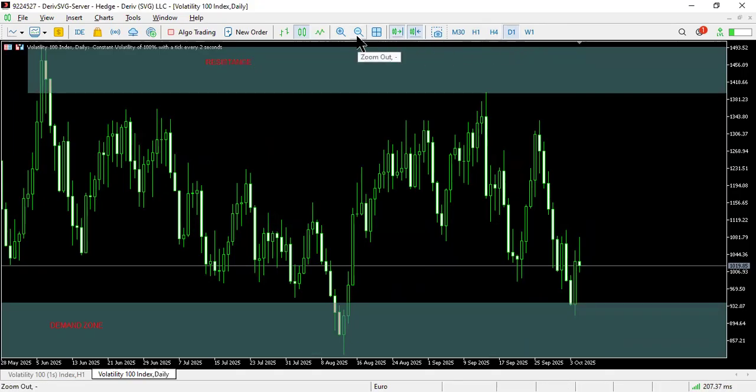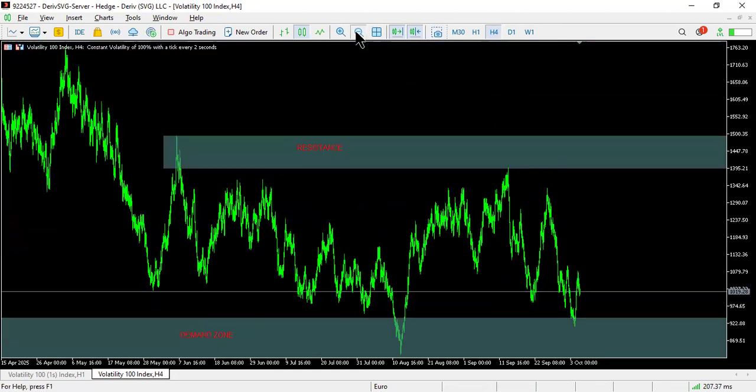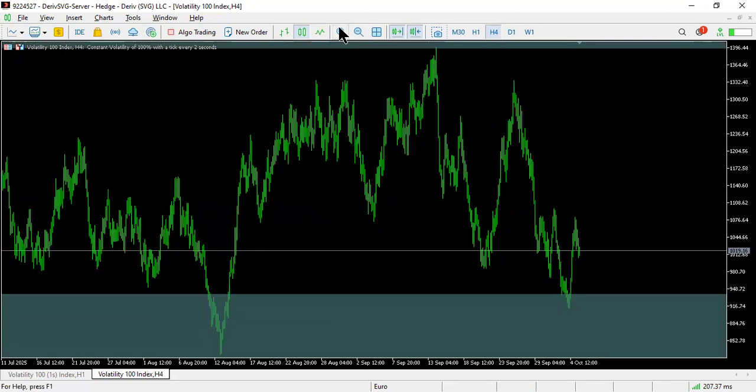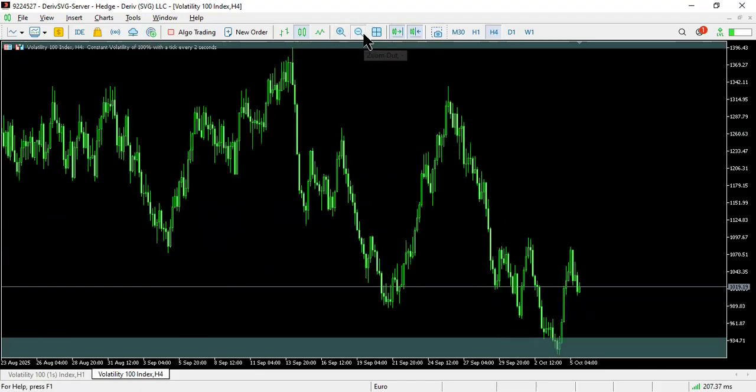There's nothing much to mark on the 4 hours. On the daily, if we go to the 4 hours time frame, on the 4 hours, I'm just going to be observing.